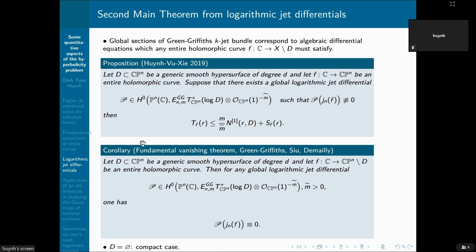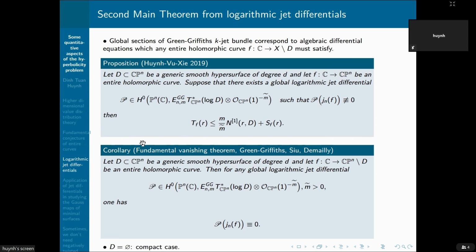If you have a global section of a Green-Griffiths jet bundle vanishing on some ample line bundle, in the qualitative version we don't care about the vanishing order. If you have some negative vanishing, then you have an algebraic differential equation.